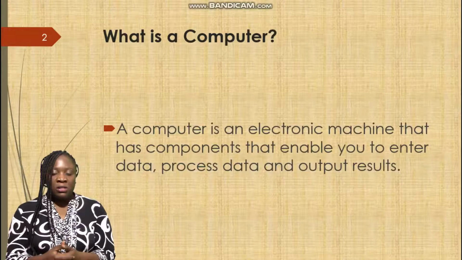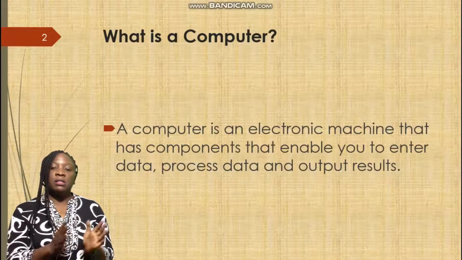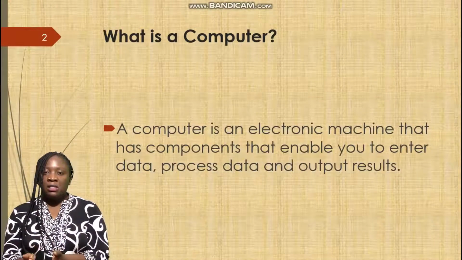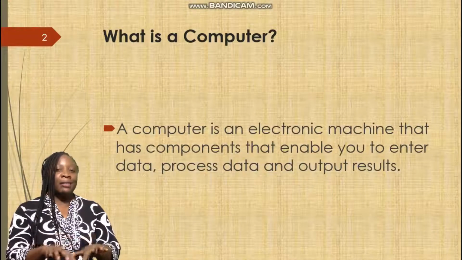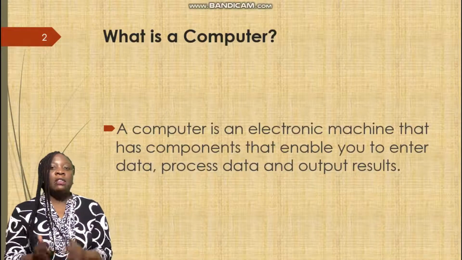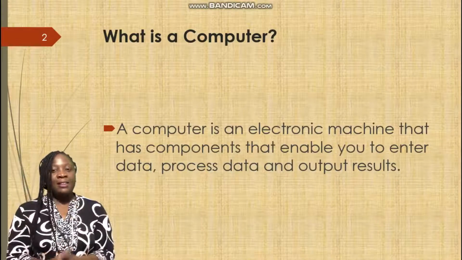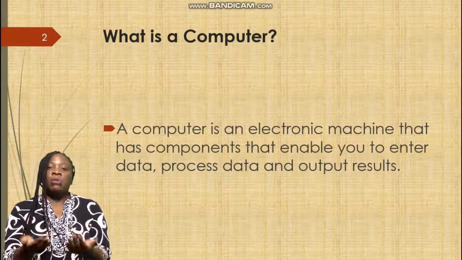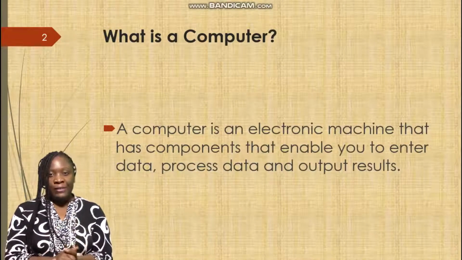The computer has three major stages: the input stage, the processing stage, and the output stage. The input stage is where you enter data into the computer. The processing stage is where the computer processes the data, and the output stage is where the computer gives you the result that you are looking for.